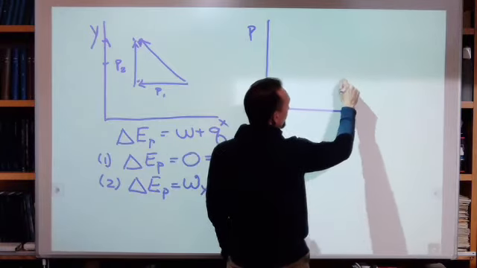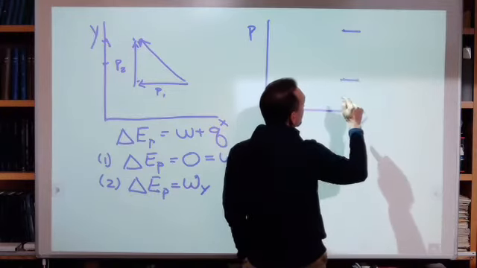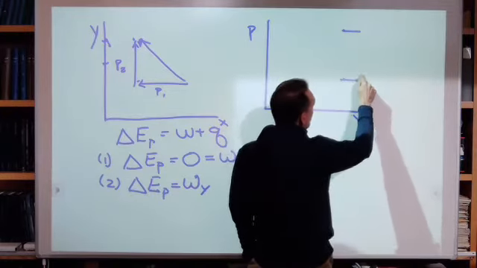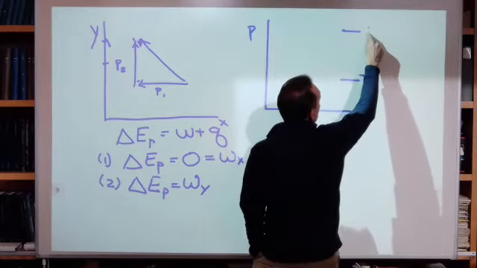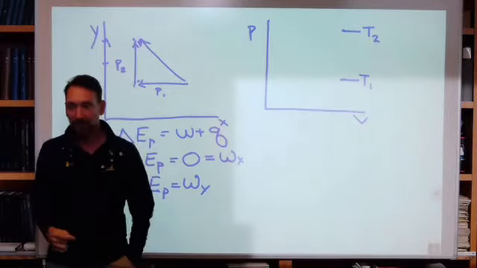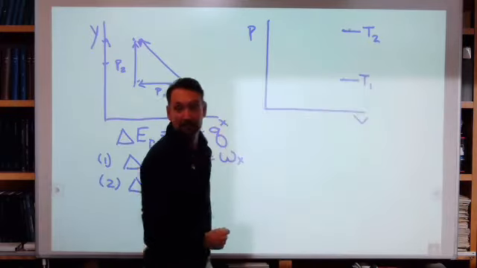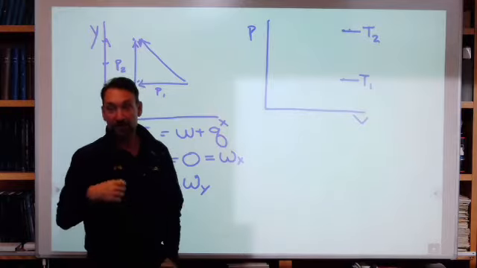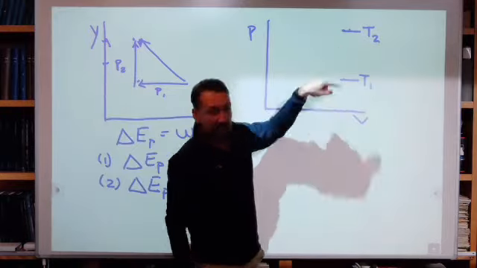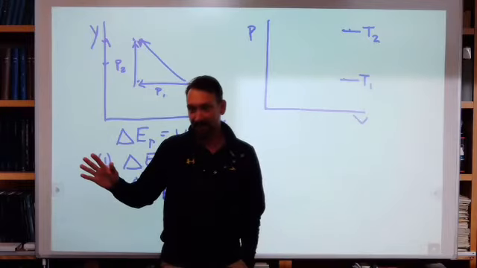What if I wanted to go change an energy from here to here? This is temperature T1. This is temperature T2. Now, I could get there going straight up between the two, but I want to find the energy change for doing those. The energy change doesn't matter what path I'm taking.